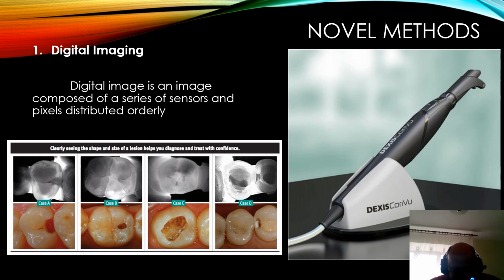But in my opinion, you must know about novel methods of caries detection. First of all, it is digital imaging. A digital image is an image composed of a series of sensors and pixels distributed orderly. On this picture, digital imaging and intraoral view after opening of the caries cavity are shown.